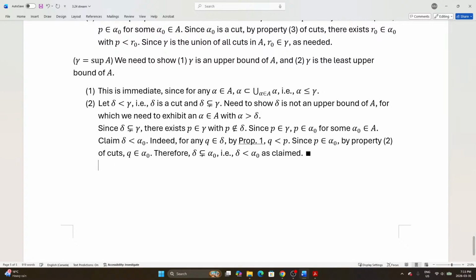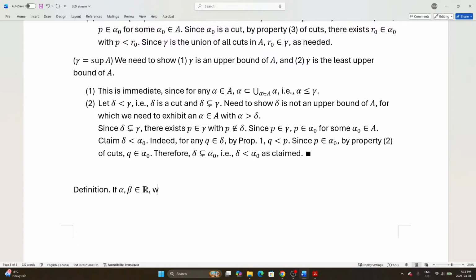So let's start here and define the set that represents the sum of two cuts. Definition: let alpha and beta be in R. These two are cuts.